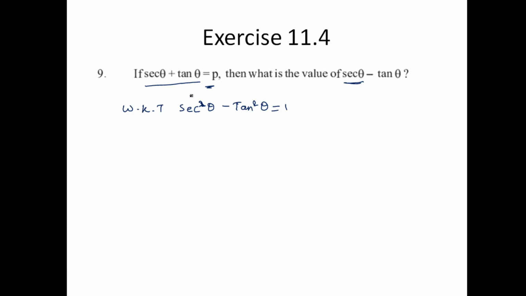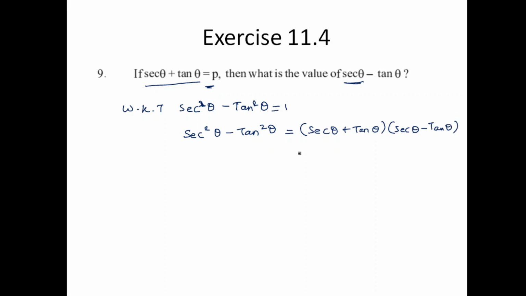Okay. So how can I write this one? I can also write this one as something like this. Secant square theta minus tan square theta can be written as secant theta plus tan theta into secant theta minus tan theta, isn't it?